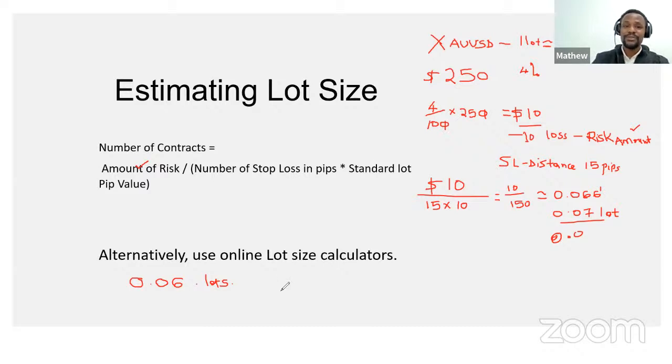The other approach, which we are covering today, is scaling in. If you are to scale in, knowing that you can enter a maximum of 0.06, you decide if this price was trending upwards like this.